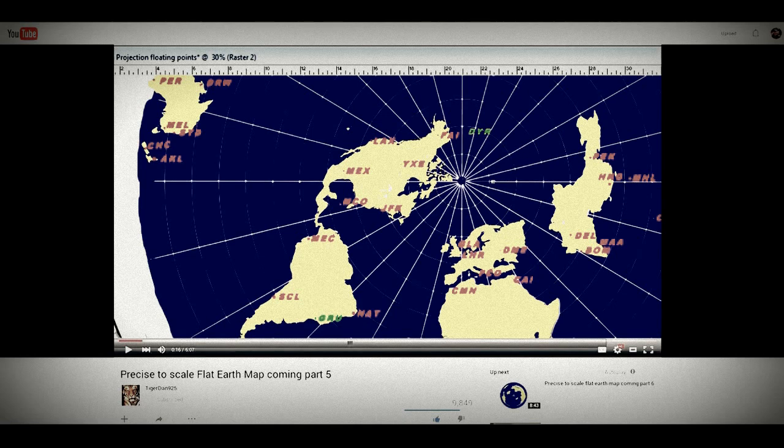But if you're going to try to fit globe land masses onto a flat plane, it's not going to work, because everything's been skewed. So even the coordinates that have been given are all skewed. It will not work. This was designed to fail.